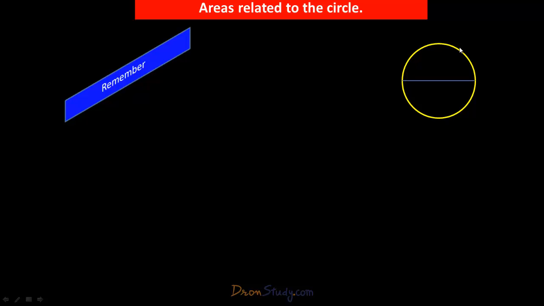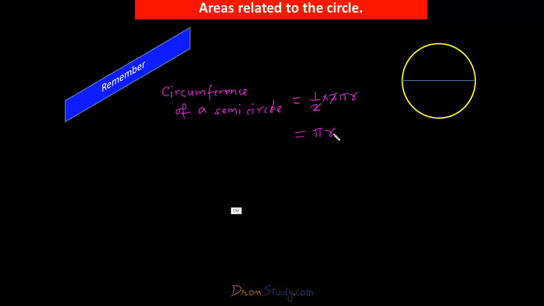So this circumference will be half that of the total circle, and therefore the circumference of a semicircle is equal to half of the circumference of the circle, that is 2 pi r. So 2 will get cancelled, which is equal to pi r. So circumference of a semicircle will be equal to pi r.